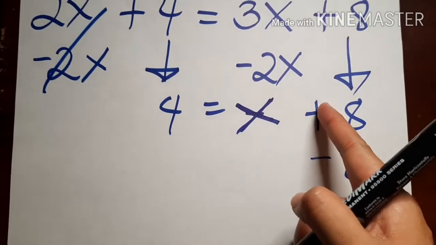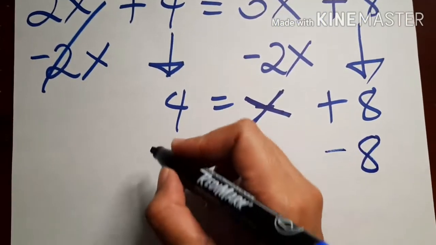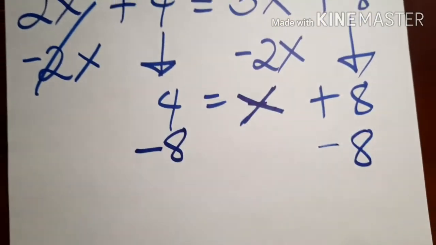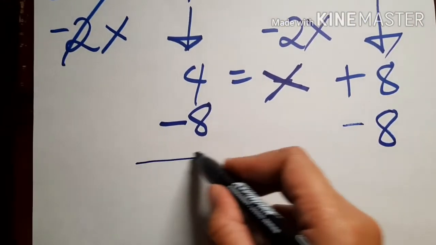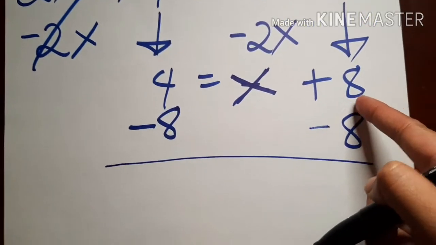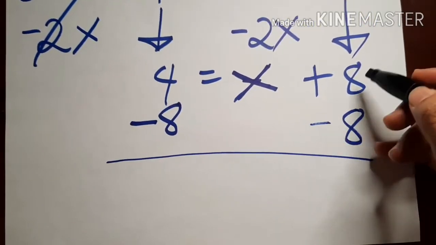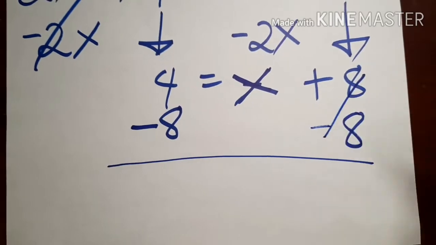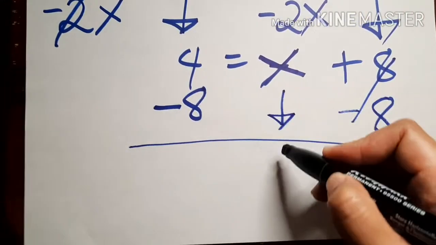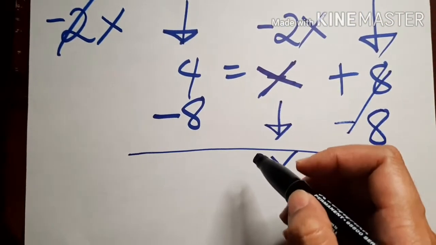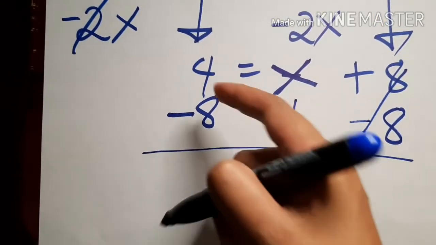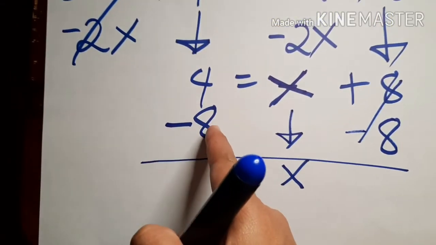If you subtract this one with an 8, you also need to subtract this one with an 8. Okay, so go ahead. What's left in here? A positive 8 subtracted by 8 will give us nothing. Make sure that you write this one down, then the equal sign. Now 4 minus 8.